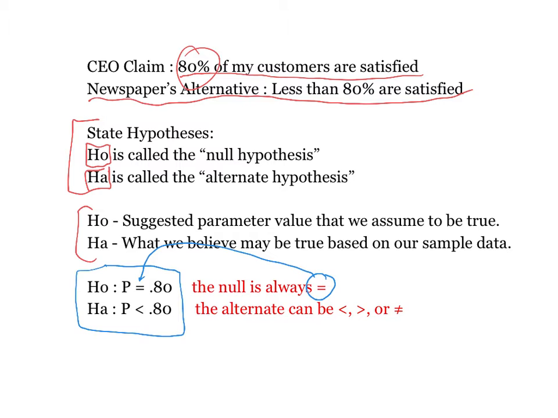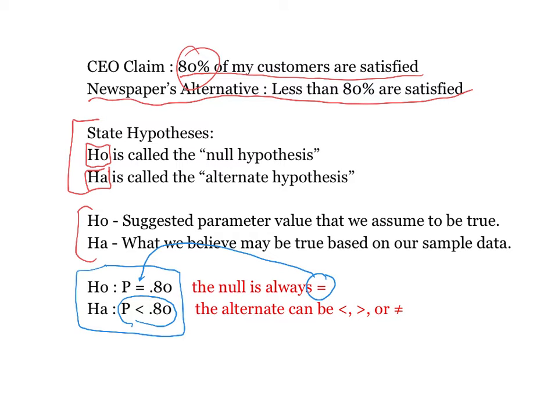And we run these hypothesis tests based on the assumption that whatever claim is being made, we believe it, okay? We think it's true, all right? We assume that this guy is telling the truth, okay? But we make an alternate hypothesis, and this is what we think might be happening if the guy is not telling the truth. So we say, in this case, the newspaper thinks that it's actually less than 80% are satisfied.